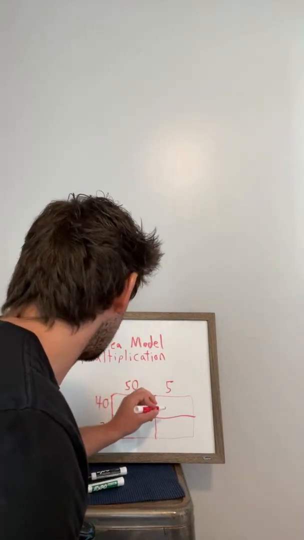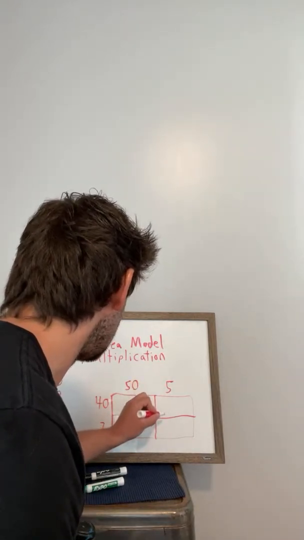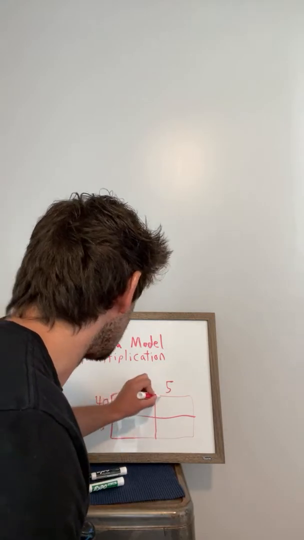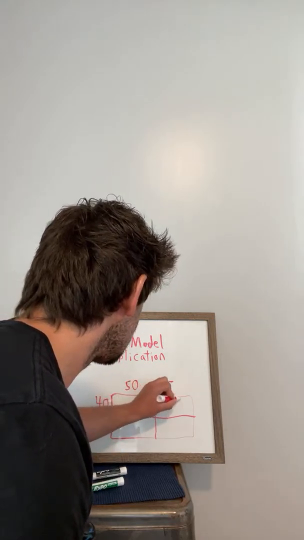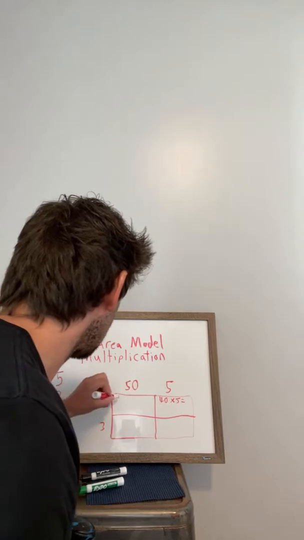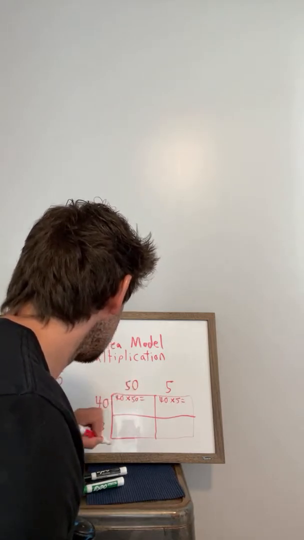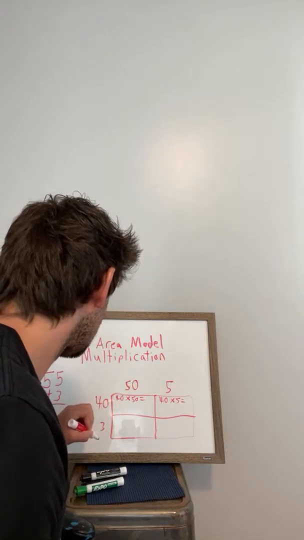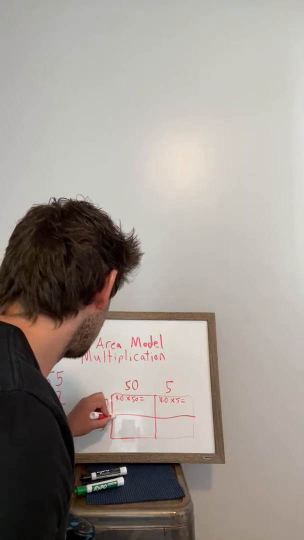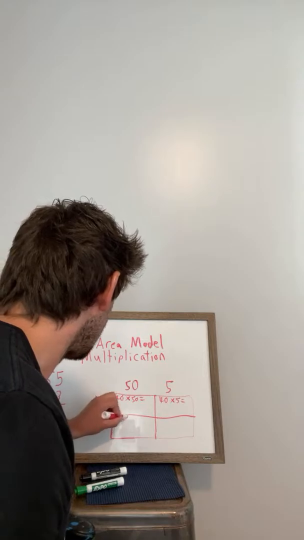All right, so in this box right here, we are going to multiply 40 times 5. This box, we're going to multiply 40 times 50. This box, we're going to do 3 times 40.